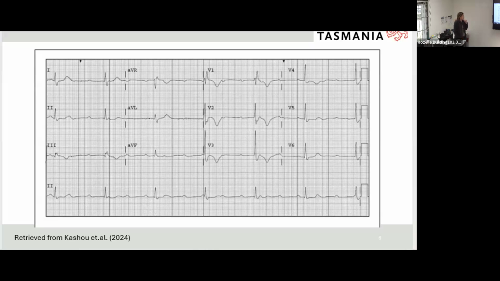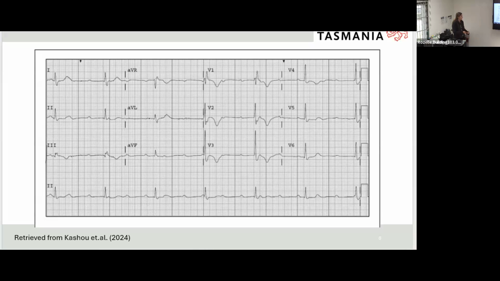So what do we observe from this one? Is it isoelectric or elevated or depressed? No elevation or depression. It dips from the isoelectric line a little bit, absolutely.